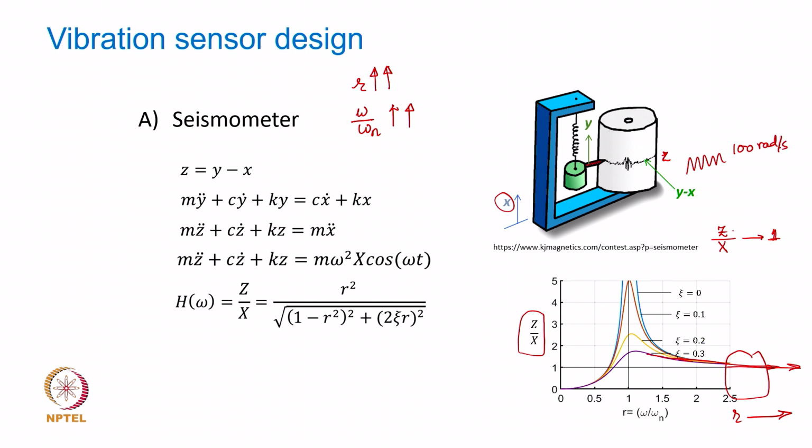Let me again take an example, 100 radians per second. For a given excitation frequency, what should omega n be to have this ratio as large as possible? What should be the implication in the design?